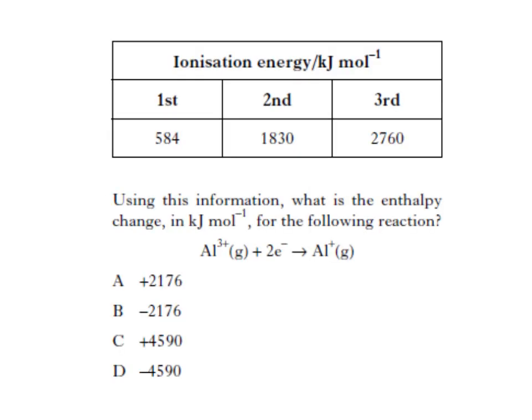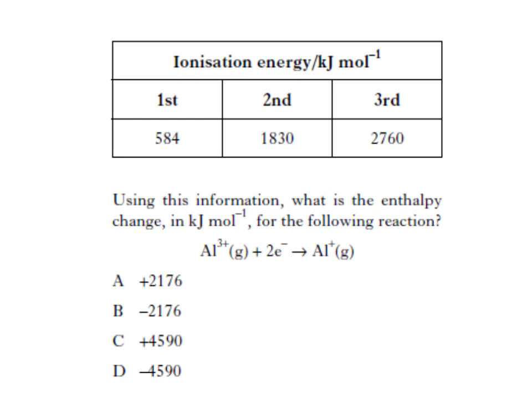Now this is a calculation. This time we're going from Al3+ to Al+. Our box at the top tells us that the first ionization energy, going from Al to Al+, requires 584 kilojoules per mole. The second ionization energy is from Al+ to Al2+, and then the third is from Al2+ to Al3+.